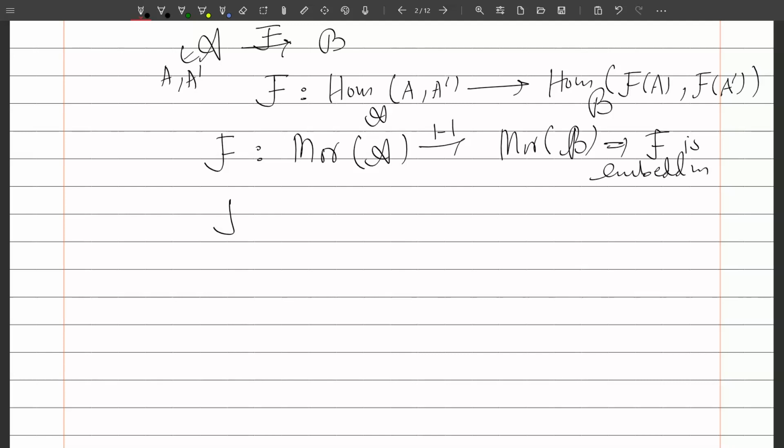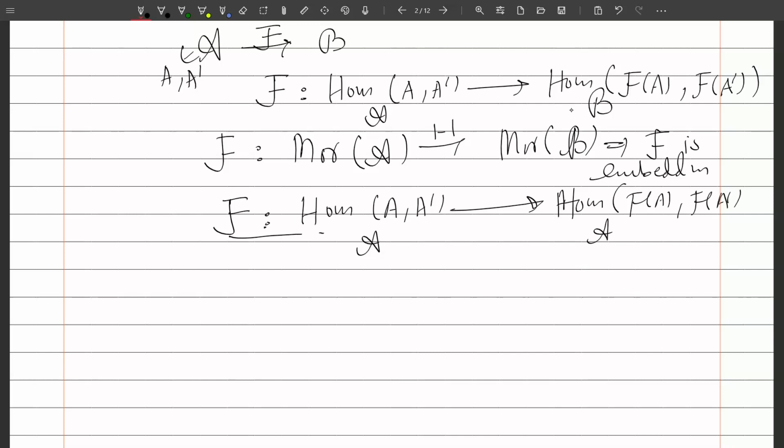However, if we restrict to the morphism set between two objects, which is the restriction to some particular class of arrows, and this is injective one-one, this would imply F is faithful.